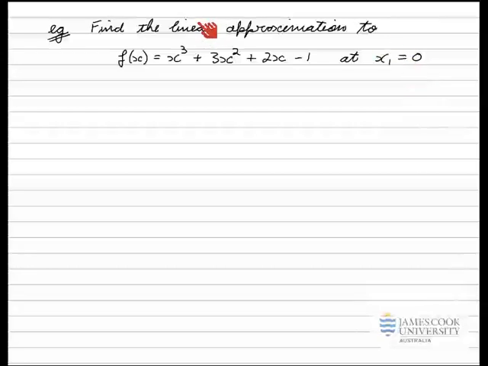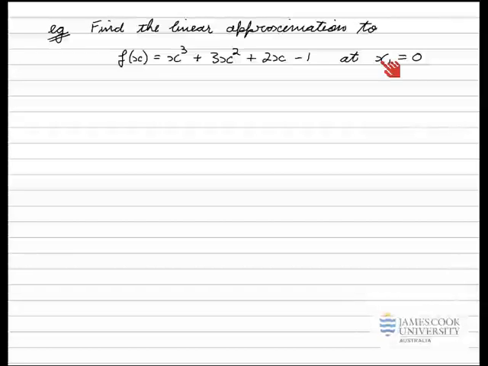gradient. The straight line we're talking about that is used as the linear approximation is the tangent to this function at this point. And so to find the tangent, I need the derivative, which would give me the gradient of the tangent, which is my straight line, and a point, and so I can do my work.